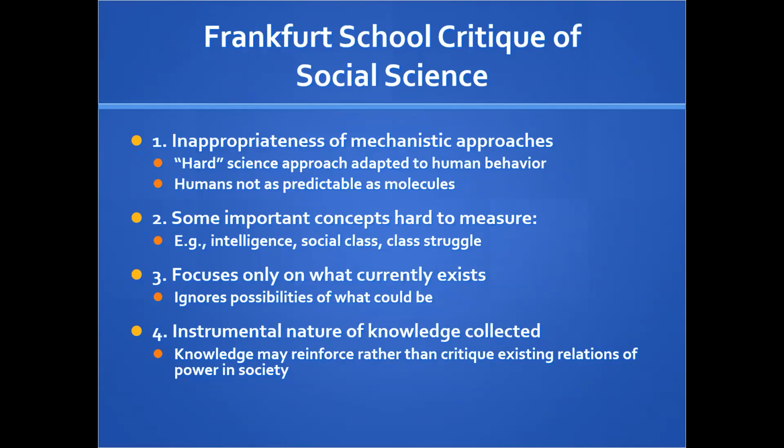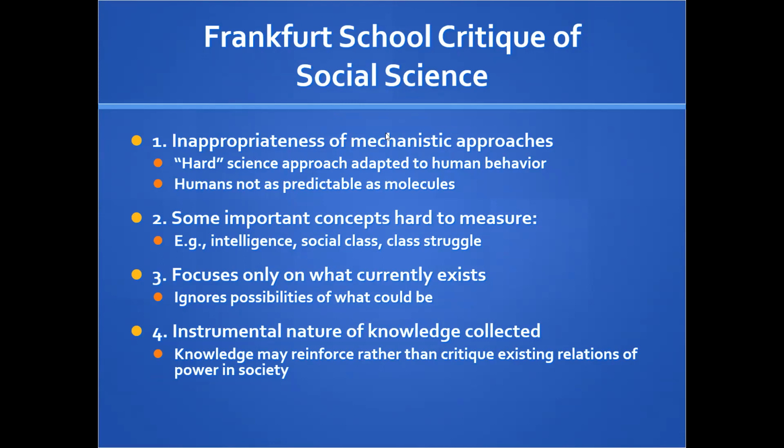However, there are so many critiques about the social sciences, especially if you are studying human behavior, or if your study involves people. So here are some of the critiques, according to Frankfurt. Number one, the inappropriateness of mechanistic approaches. So hard science approach adapted to human behavior, because he would say, for example, that we are social beings, we can change anytime, from time to time.